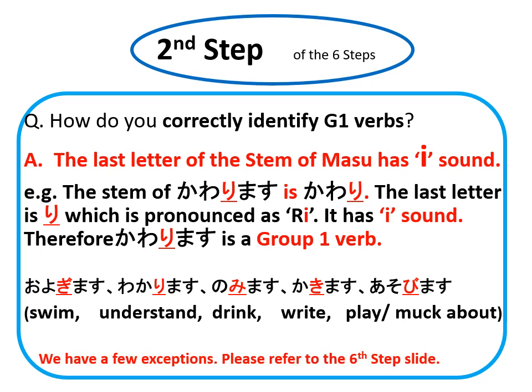However, we do have a few exceptions of verbs that have an "i" sound but don't belong to group 1. So it's very complicated, but I will try to explain the rule for the exceptions as clearly as possible later on. Okay.